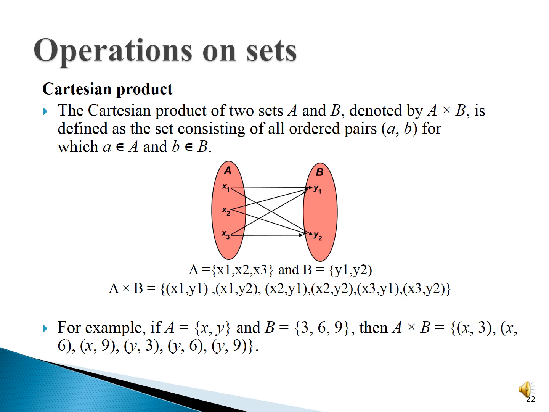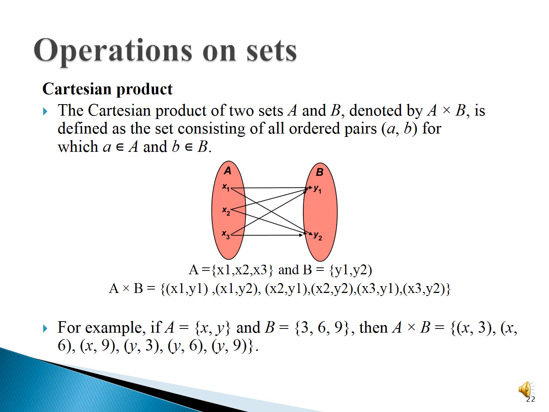So now the Cartesian product of A and B will be the ordered pairs, that is, each element of A will be paired with each element of set B. So we can see here x1, y1, then x1, y2, then next x2, y1, x2, y2, then x3 will be paired with y1, and then x3, y2.